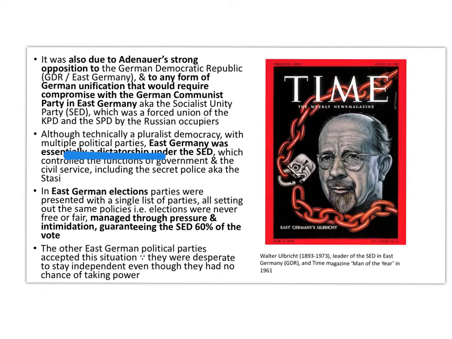In East German elections, parties were effectively presented with a single list, all putting out the same policies, with a lot of pressure and intimidation, which guaranteed the SED 60% of the vote. The other East German political parties had to accept that situation, otherwise they would not be allowed to continue to exist.